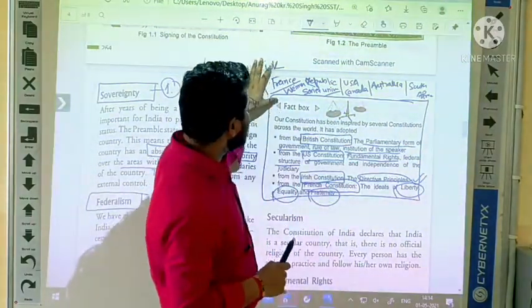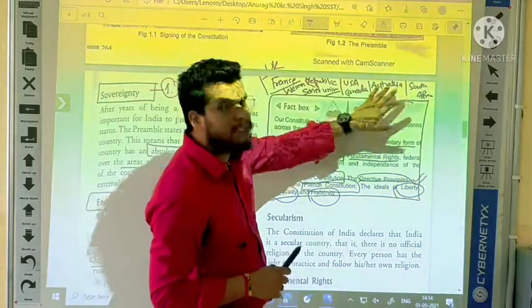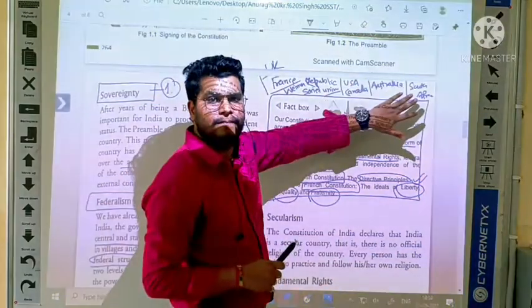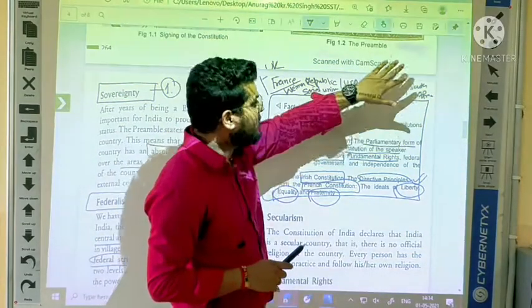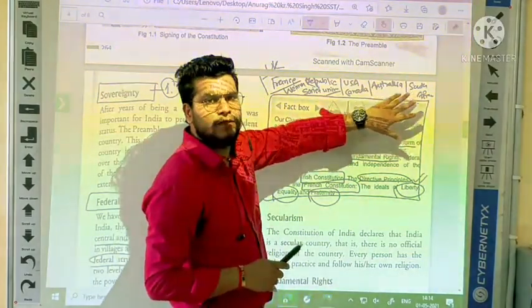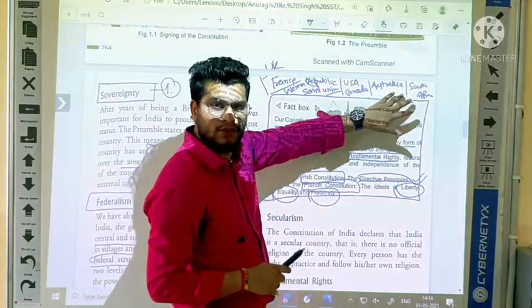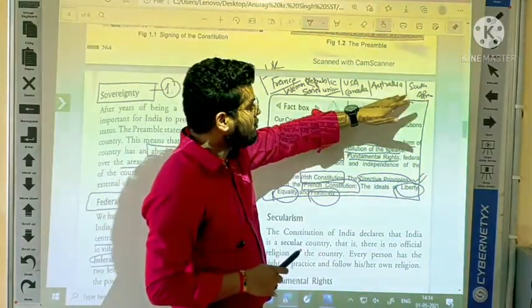So mainly these are the eight countries from where our constitution makers took the ideas, principles and laws.